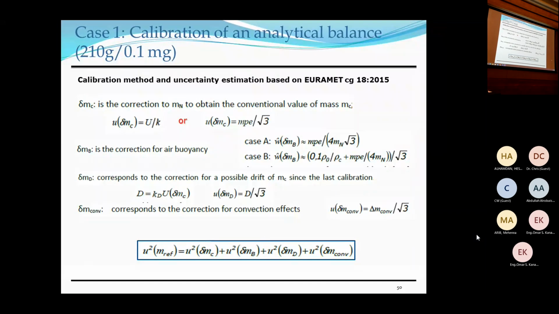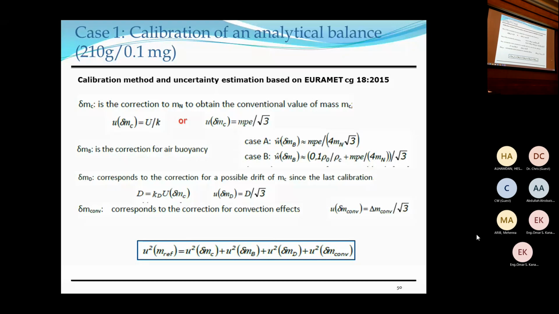Okay, what about the contributions from the mass standard? Depending on whether I am using nominal values or the actual values from the calibration certificate, then the uncertainty would be type B expanded uncertainty divided by coverage factor, k equals 2. Or if I'm using a nominal value, then it would be the maximum permissible error with a rectangular distribution. So it's divided by the square root of 3.